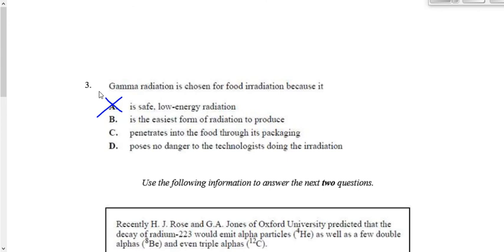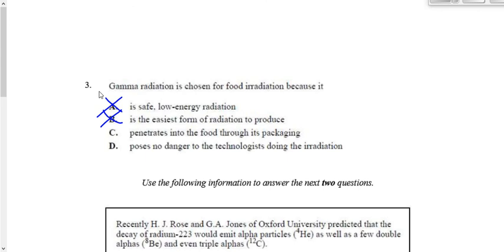Which is the easiest to produce. Just like somebody says, what's the easiest unit in physics 30? Unit 1, unit 2. Well, that's a matter of opinion, right? But I would suggest probably the easiest type to be produced would be radio waves or microwaves because it's produced by alternating charge. It seems to be easier to alternate charge than it might be to accelerate electrons to crazy high speeds and then smash them against a target to produce X-rays, or easier than using nuclear decay. Gamma radiation would not be the easiest form of radiation to produce, certainly.